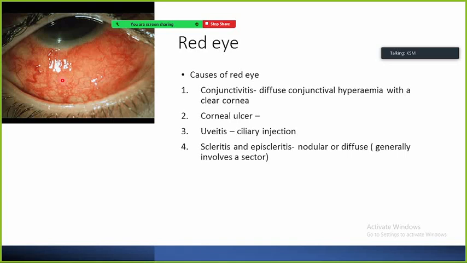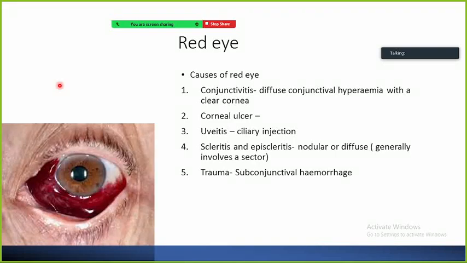Sometimes these things are seen better with a torch, and you can miss them in the slit lamp. You always have to have the habit of testing with a torch or something, because they have this violaceous hue, a kind of pinkish violet appearance in scleritis, and they present with pain.